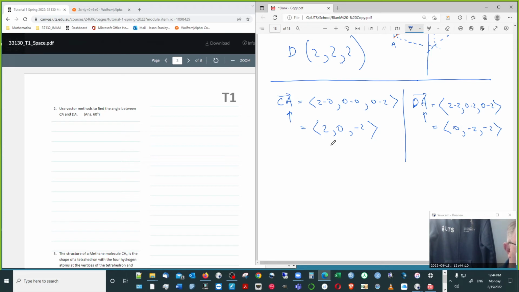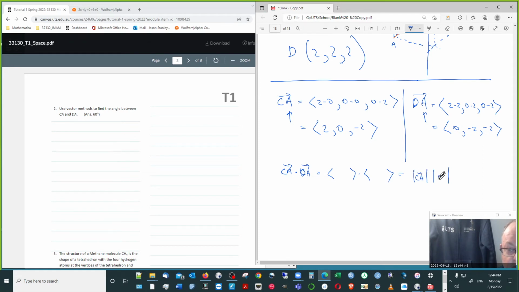Now the thing that will help us with the angle is the dot product. Now the dot product has a couple of different forms of an equation. CA dot DA is the component form, equal to the magnitudes times the magnitudes.